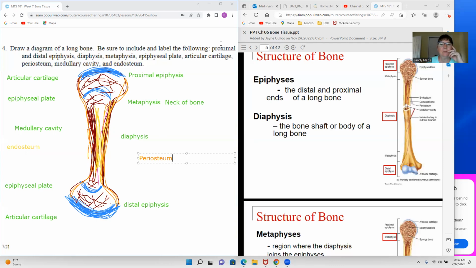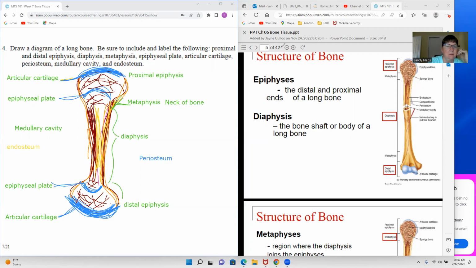All right, so let's connect the boxes. Articular cartilage is blue, so let's draw arrows. Here is blue and here is blue. Those are called articular cartilage. The epiphyseal plate is this little round area in the metaphysis. And we know the metaphysis is the neck of the bone. The diaphysis is the shaft of the bone.